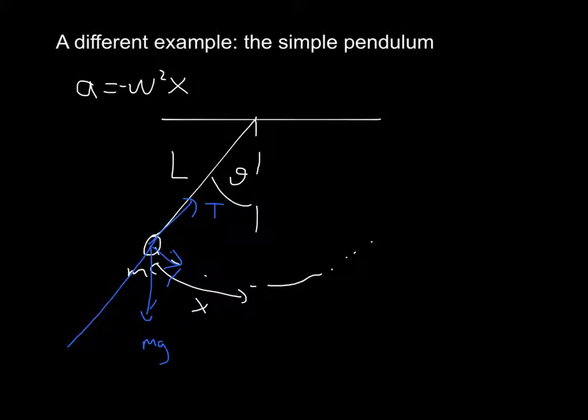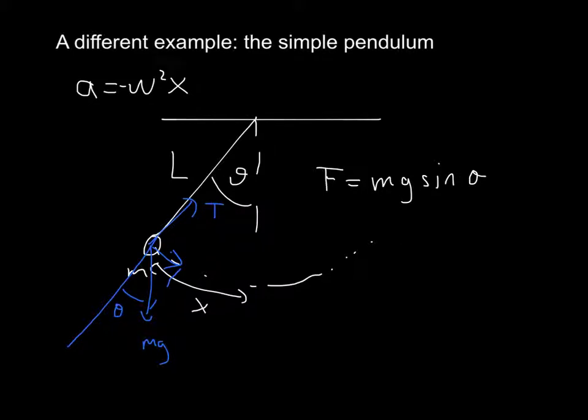Now this is parallel to this, and this is parallel to this, so this angle is also theta, and therefore this length here has to be equal to mg times the sine of theta. So the force that's propelling this thing back and forth is mg sin θ. Let's just say the total force is mg sin θ.